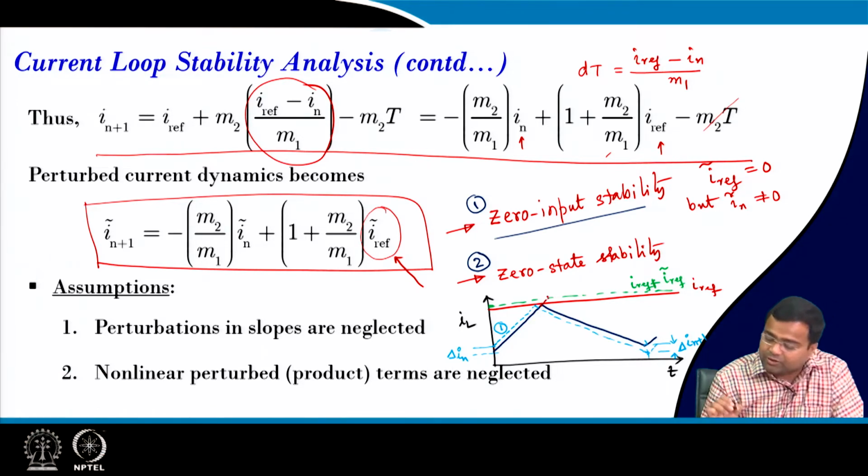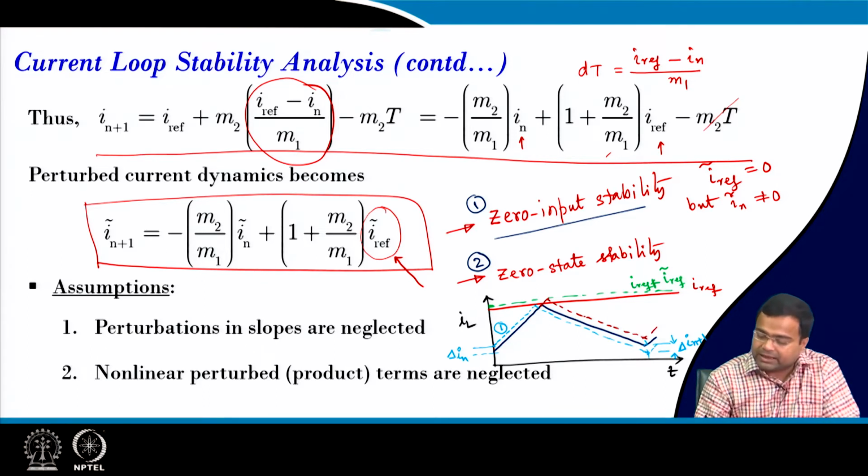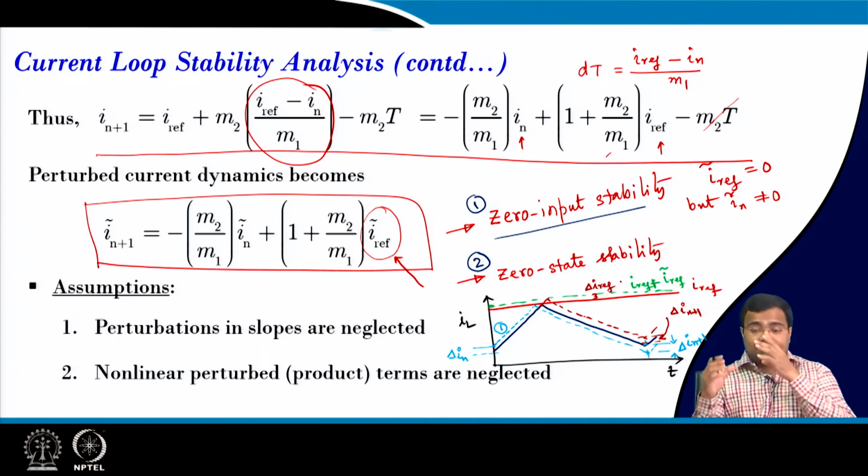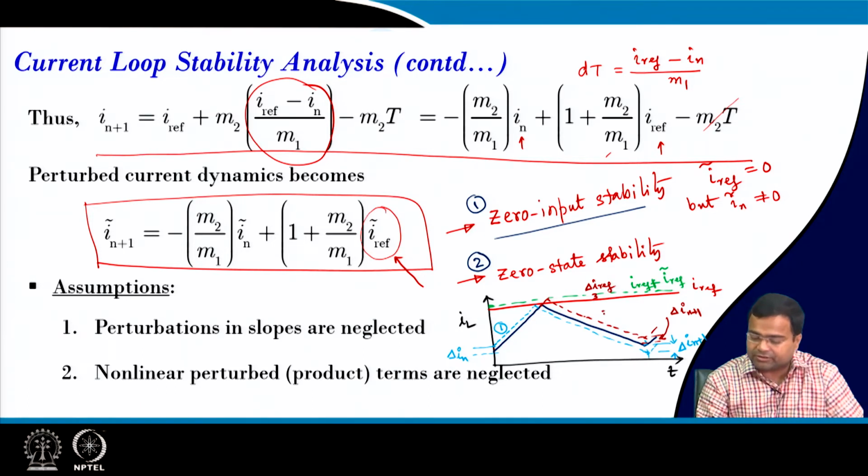We are not disturbing the initial current, but we are perturbing this current, so it is coming like this. The effect due to this perturbation, which is my delta IN plus 1, is due to the change in I ref tilde, the perturbation due to the second condition. This is our condition 2.